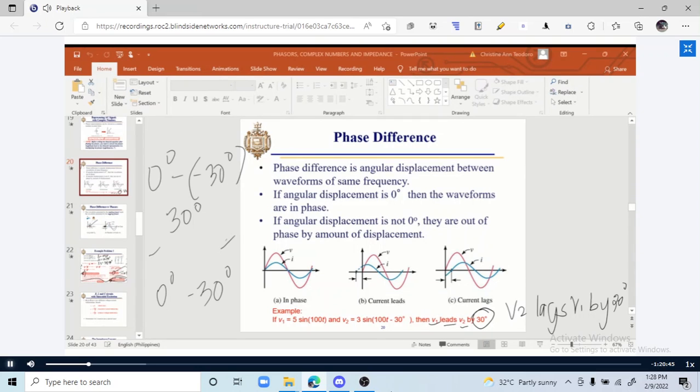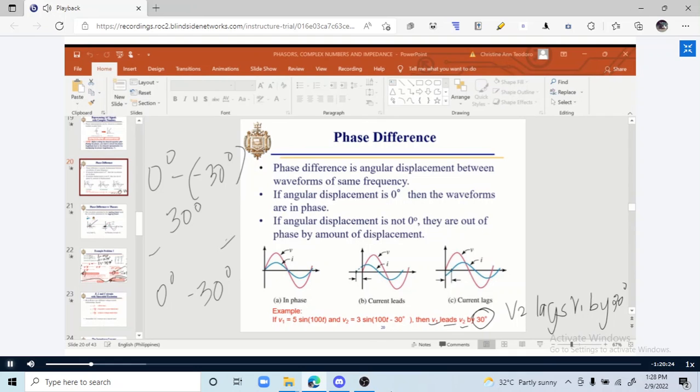It means that there is a certain displacement that differs these two waveforms. Since V1 has a phase offset of 0 degrees, and V2 has a phase offset of negative 30 degrees, they are apart by 30 degrees.